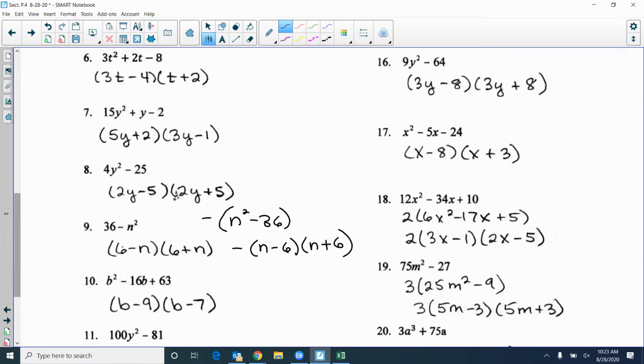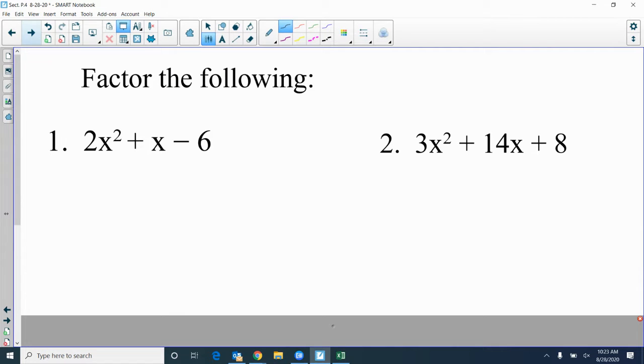Any other questions? No? Okay, good. Good. All right, we are going to finish up factoring. In your notes here, go ahead and get those out. And just copy that down and then just wait a minute.